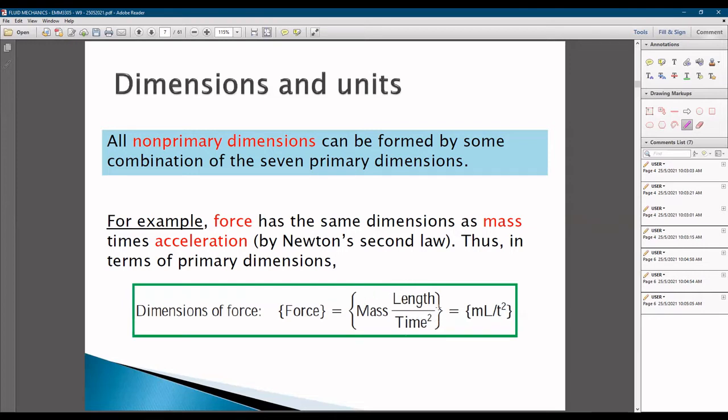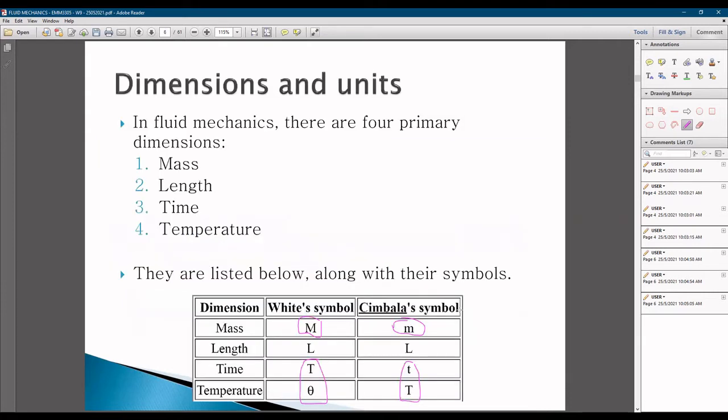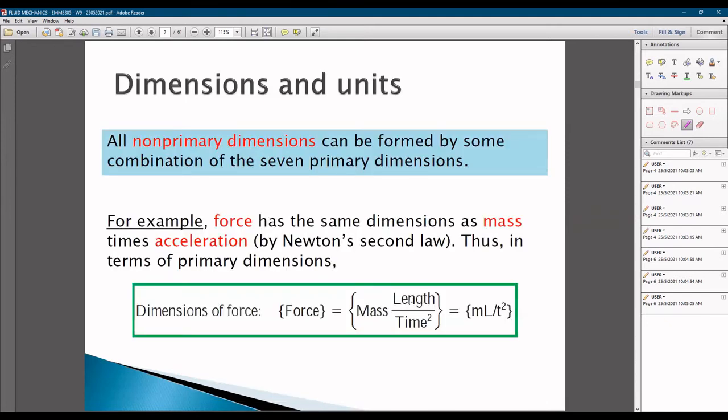And therefore, from there, you can further refer to this particular table. You can refer to this M, L, small t, and capital T, these symbols here, to replace all these. M is the mass, capital L for the length, and small t for the time.